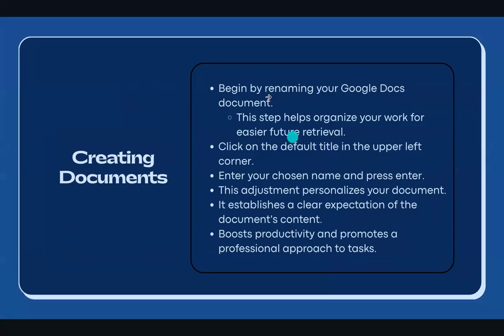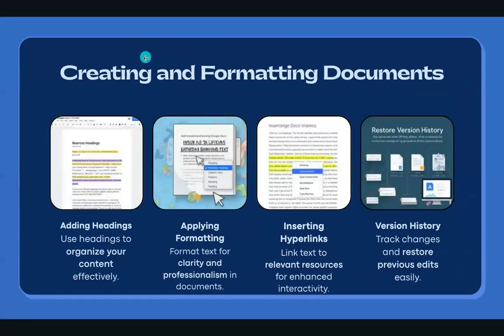So we do want to get into the habit of, if you're working on the 2025 annual report draft, changing that name immediately. Click on the default title in the upper left corner, enter your chosen name, and then press enter. That is how you will achieve that, right? That's just going to help you stay organized and know what you're actually working on. So let's do that now.